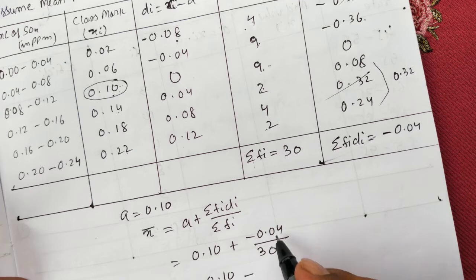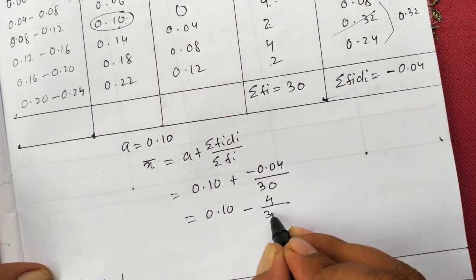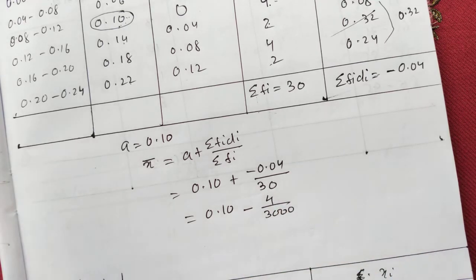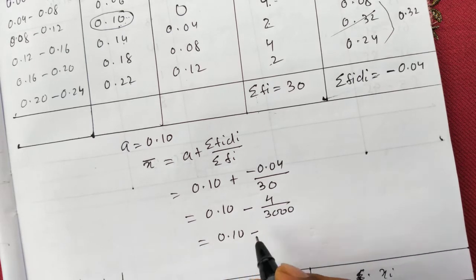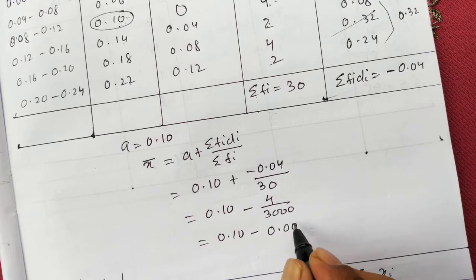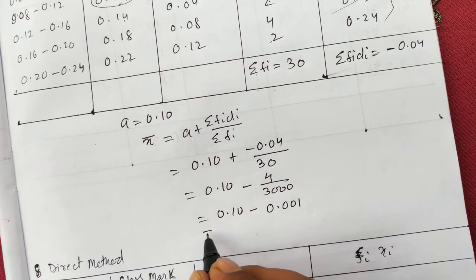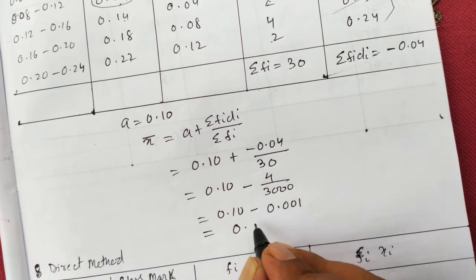Now if I remove the decimal, you'll get 4 by 3000, 2 decimal places. Now if I divide these two, I'll get approximately 0.001. It goes on, but I'm taking up to 3 decimal places, and subtract this, you'll get 0.099.